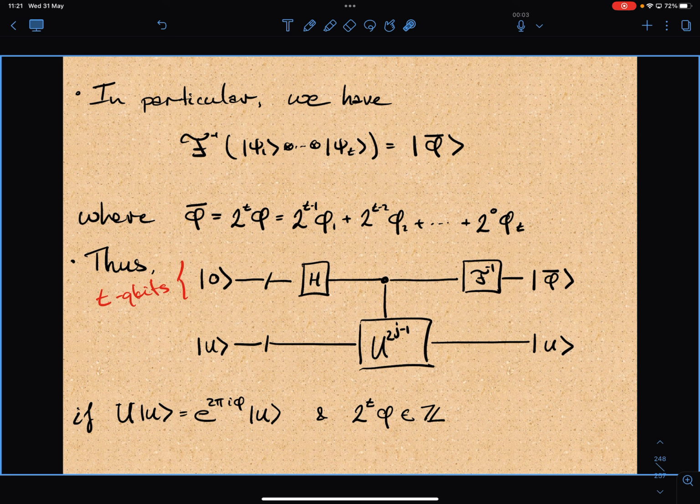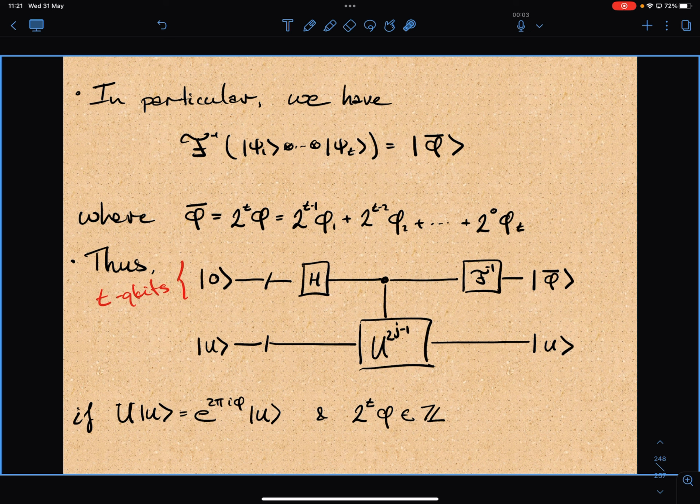But it's not going to be 100% concentrated on the correct phase factor. Instead, when you apply the Fourier inverse, the probability is going to spread out along all the numbers 0 to 2 to the t minus 1, but the probability is going to concentrate around the correct phase factor. And we need to quantify that, because there's going to be many cases where things don't terminate. Questions?